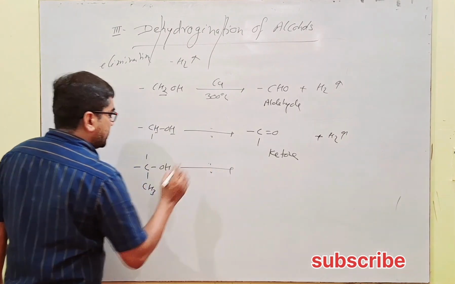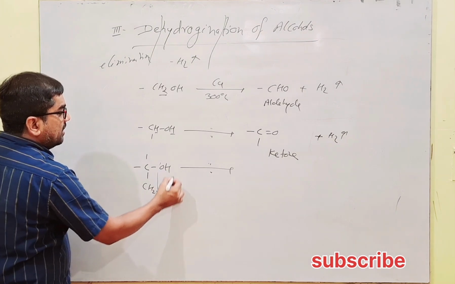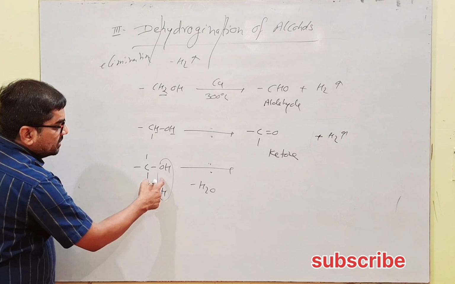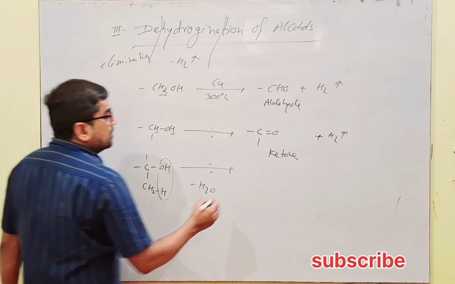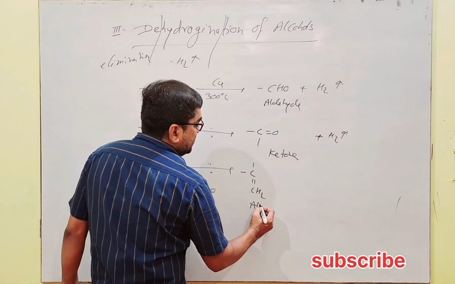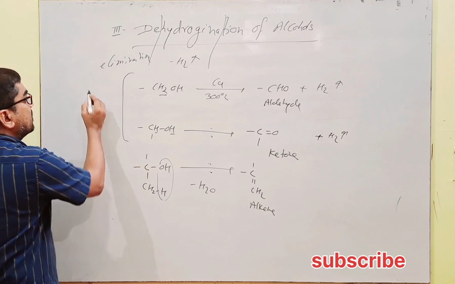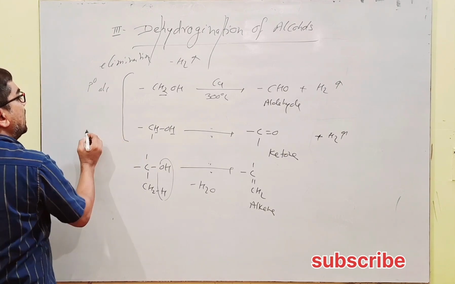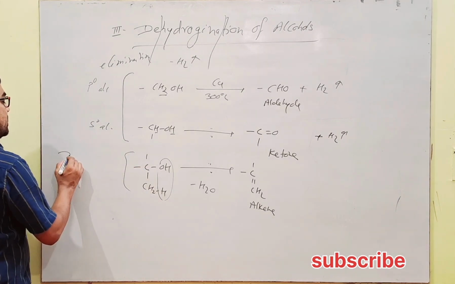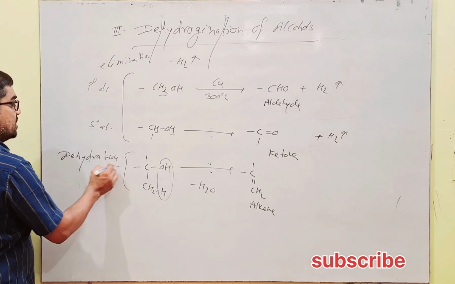When we take tertiary and heat in the same condition, then CH3 can be written like this. Elimination of water. So here one unit is eliminated, so one pi bond appears here. This becomes double bond CH2, an alkene. So dehydrogenation is carried out up to primary alcohol and secondary alcohol only, while in tertiary dehydration is carried out, not dehydrogenation.